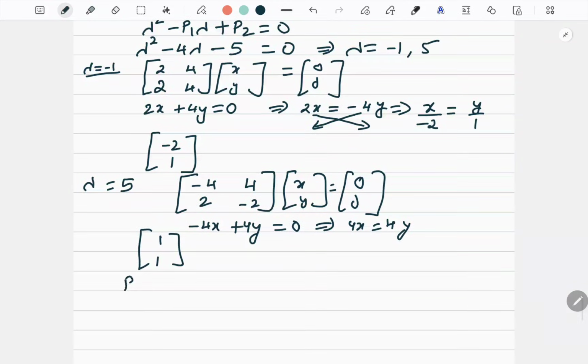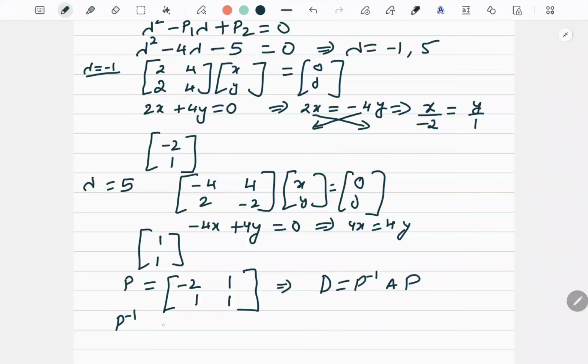So by this I got a modal matrix P, which is minus 2, 1, 1 and 1, which is a matrix of eigenvectors. Now when you want to find out the power, first you need to know how to diagonalize it. To diagonalize it, you need to do D is equal to P inverse AP. Correct? Now this is P. What is P inverse?